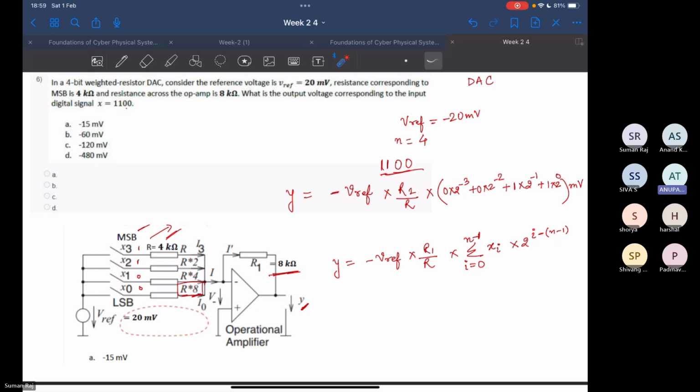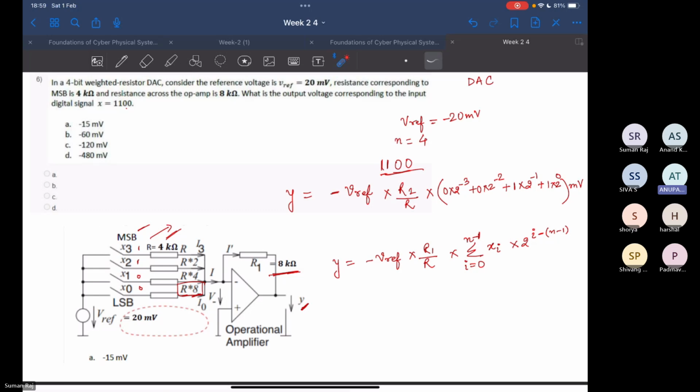So minus 20 is common, so we can say 8 by 4 plus 8 by 16. So these are the two factors which are to be multiplied by minus 20 millivolt. Correct, you are right. The rest we can ignore because the bits are zero.